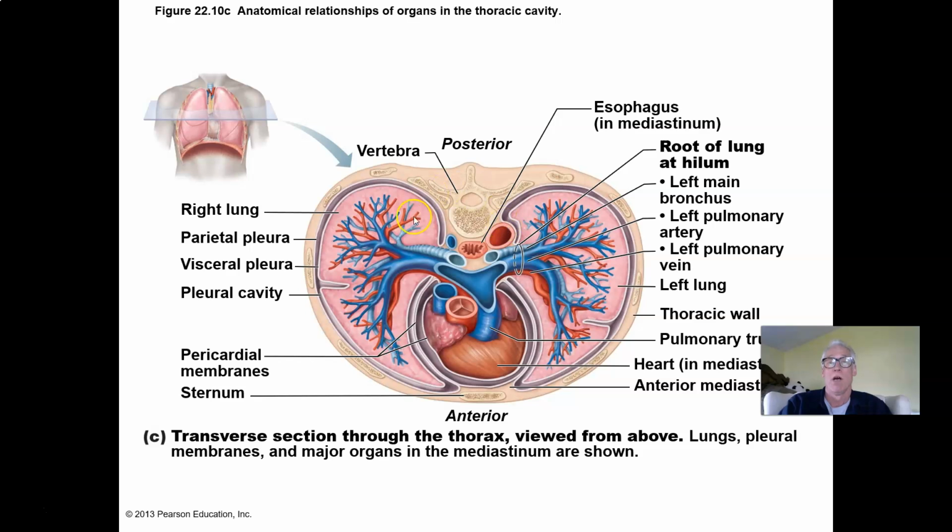This diagram reminds us that the lungs occupy the pleural cavities. And the pleural cavities are lined with the parietal pleura, a serous membrane, an epithelium that produces a small amount of lubricant fluid, and then there's another identical membrane attached to the surface of the lungs called the visceral pleura, and those two pleural membranes can glide effortlessly or frictionlessly on one another as we expand and contract the lungs.